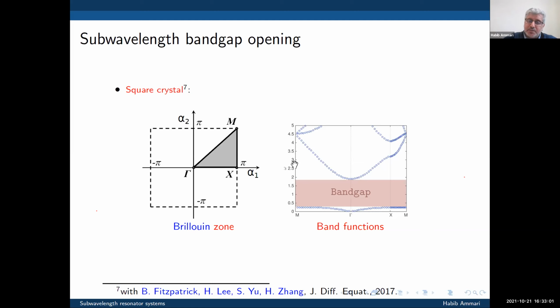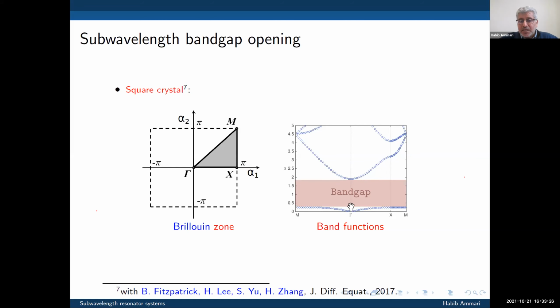It is well separated from the second band function, which is not in the subwavelength region. So any frequency here cannot propagate into the crystal, and the frequencies here, because this is a subwavelength band gap, have a wavelength which is much larger than the unit cell of the crystal.